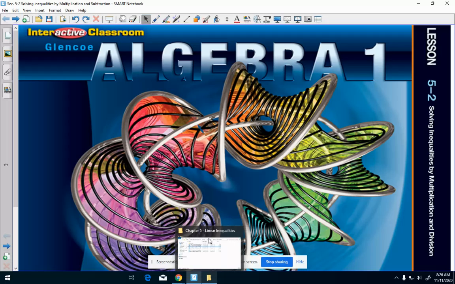Okay, so when I multiply by a negative number, or if I divide by a negative number, I have to account for that by turning my sign the other direction. So, for example, right now, because Han's negative 10 is greater than Charlotte's negative 16, my sign would have to turn around. But if I multiplied by a negative 4, can you tell me what negative 16 times negative 4 is?